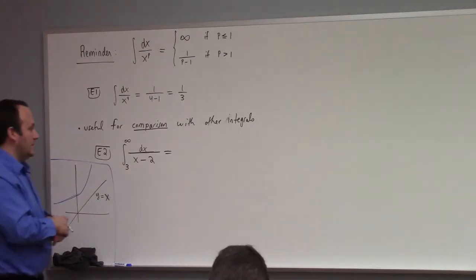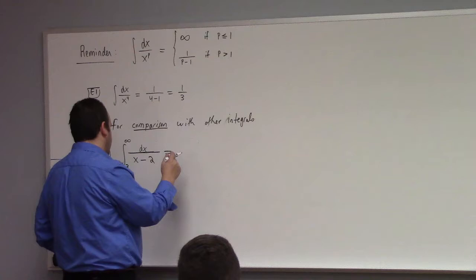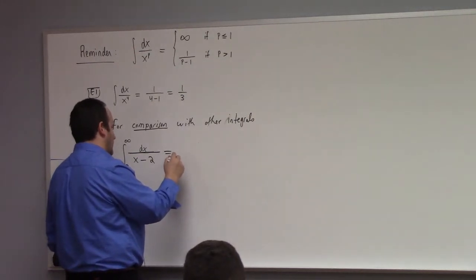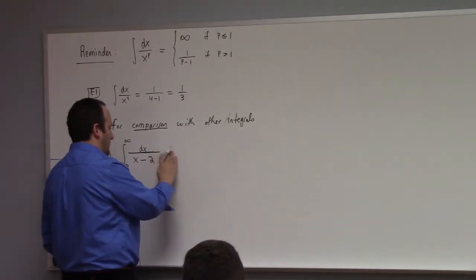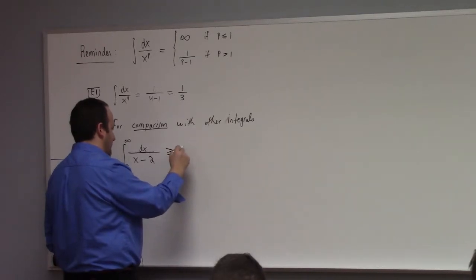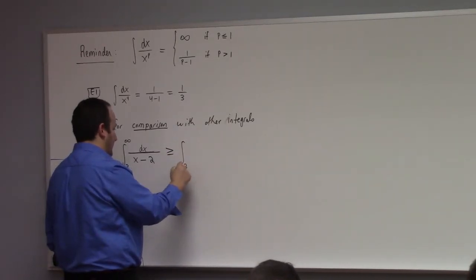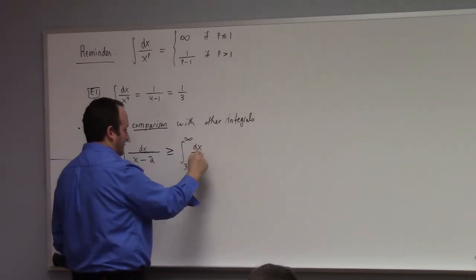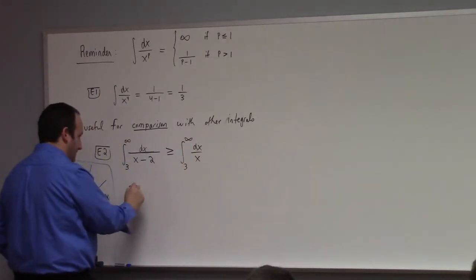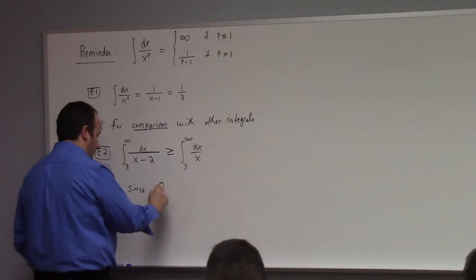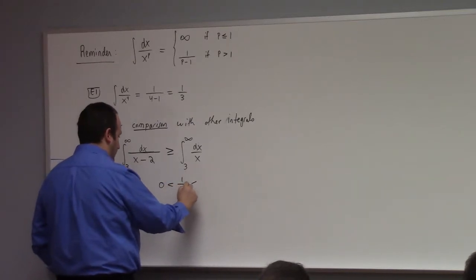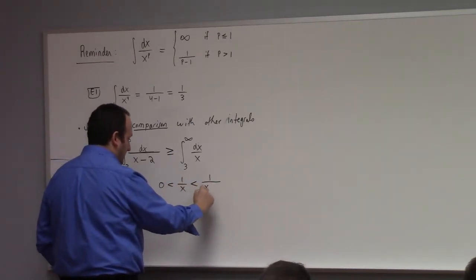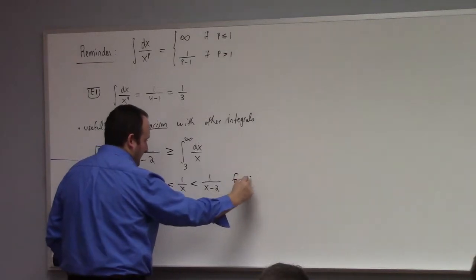Okay, so then I would point out that this should be greater than or equal to the integral from 3 to infinity of dx over x, since 0 is less than 1 over x is less than 1 over x minus 2 for x greater than or equal to 3, right?